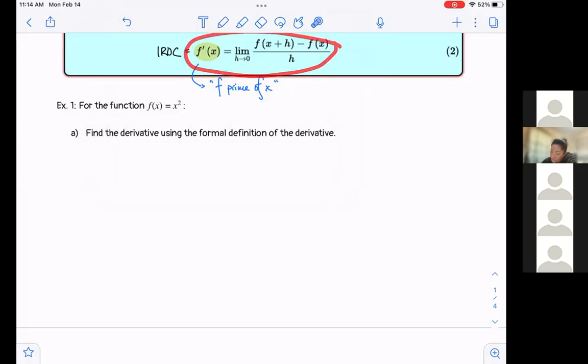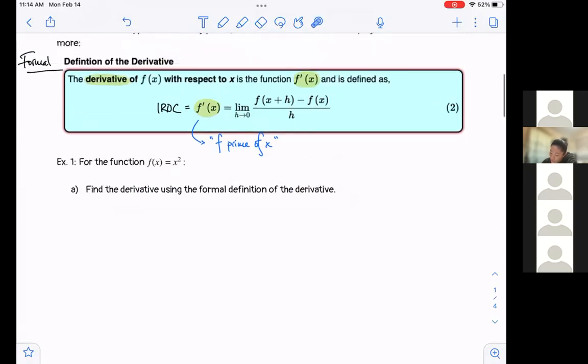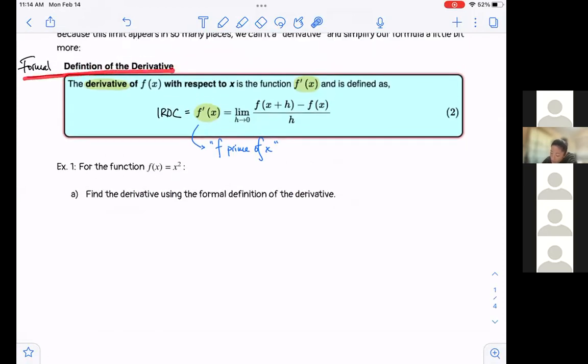How do I know? Because this is the formal definition, and I'm asking you to use the formal definition. So the very first thing we're going to do is write down that formal definition, and then we're going to do a bunch of algebra.